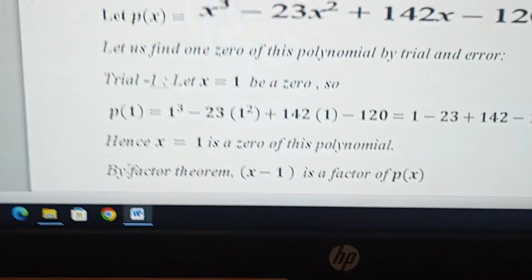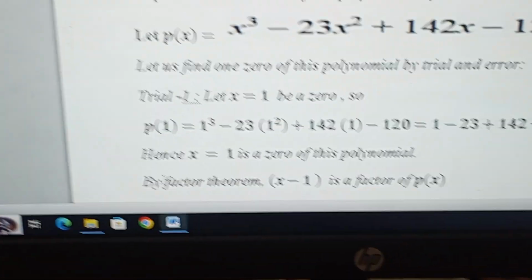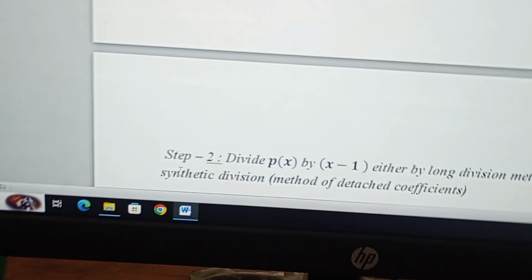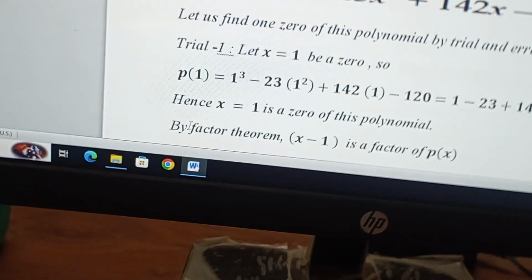That's the factor theorem. Now let us solve this problem. Let us go to the next step.